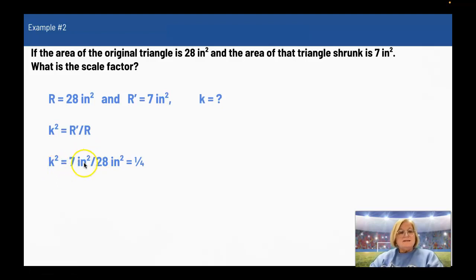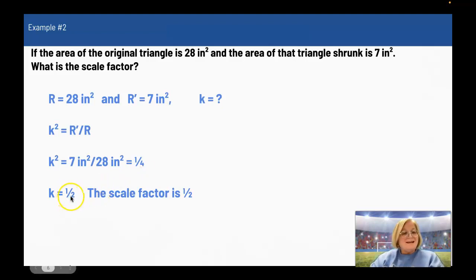K squared would be 7 inches squared divided by 28 inches squared, which reduces to 1/4. 7 goes into 28 4 times. The square root of 1/4, what times itself gives me 1/4, is 1/2. The scale factor is 1/2. K would be 1/2.